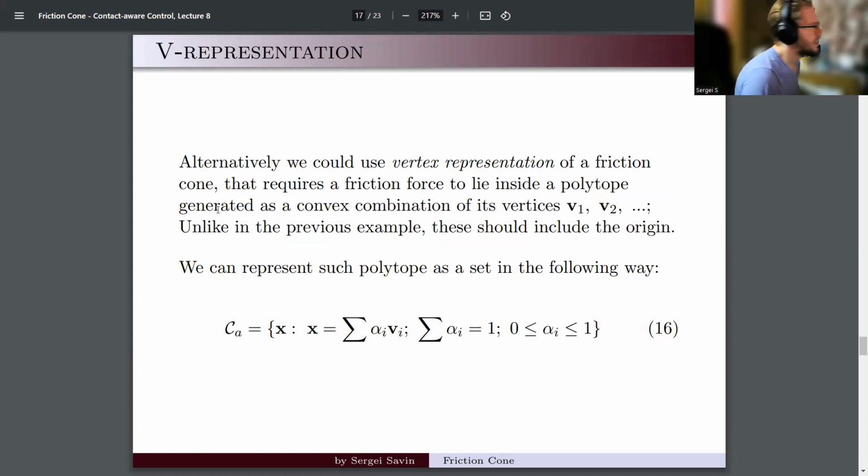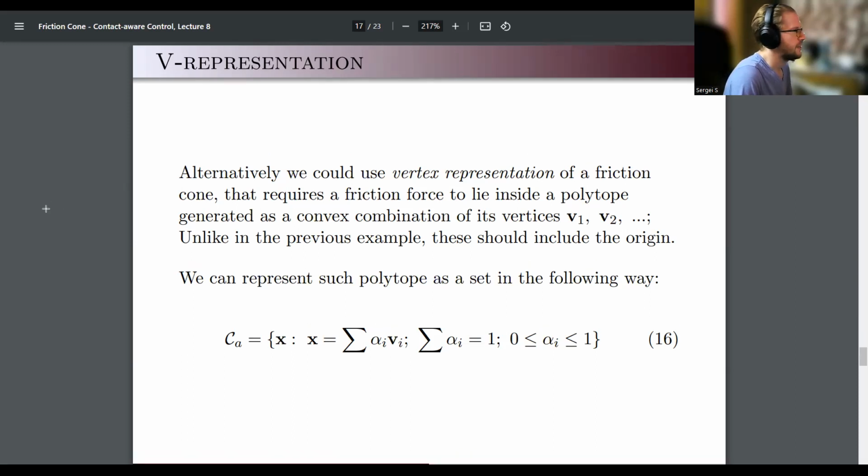Now, what we can also do is a vertex representation of a friction cone. That is an alternative to the H representation. Here, we generate a friction cone as a combination of vertices V1, V2, V3, etc. This time it includes the origin.